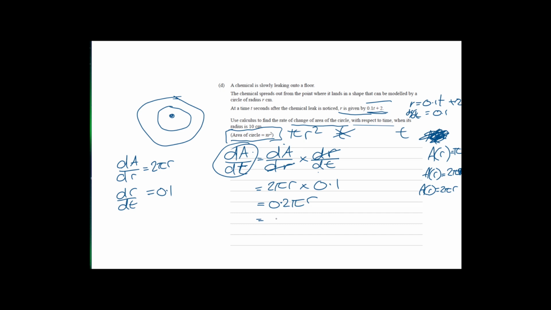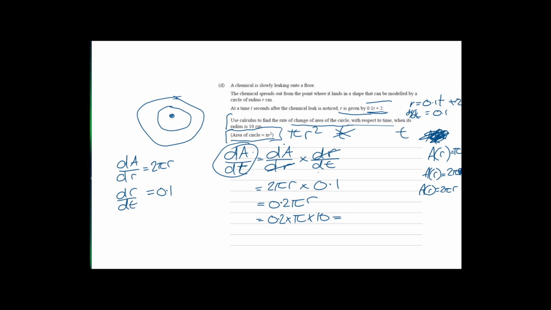So the question then is, use calculus, find the rate of change in area of the circle of this toxic fluid with respect to time when its radius is 10. So 0.2 times pi times 10.